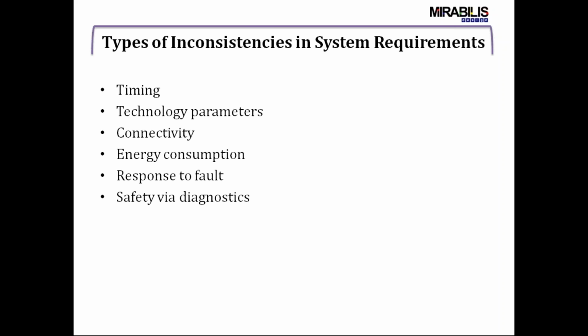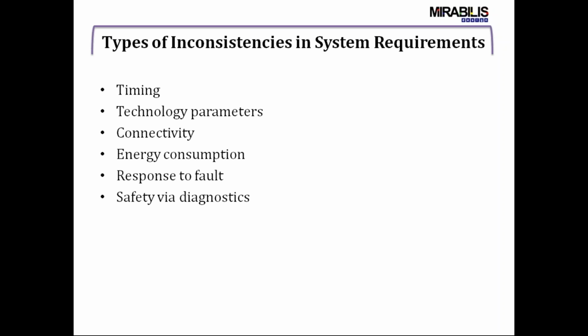So you need to consider your timing parameters, energy related parameters and the availability of resources while making the specifications, to make sure that the requirements are going to be met at the end of the product implementation.